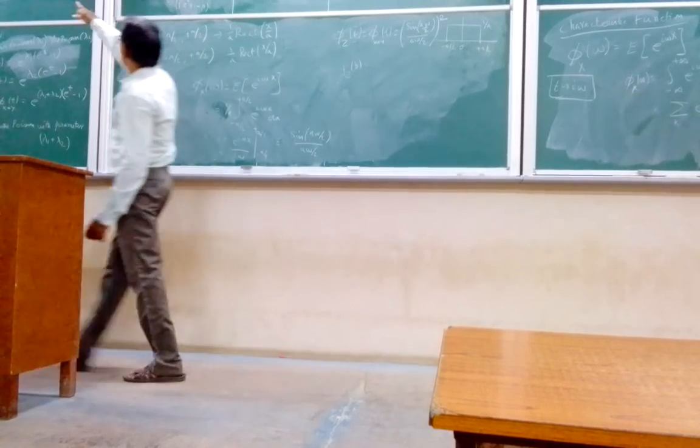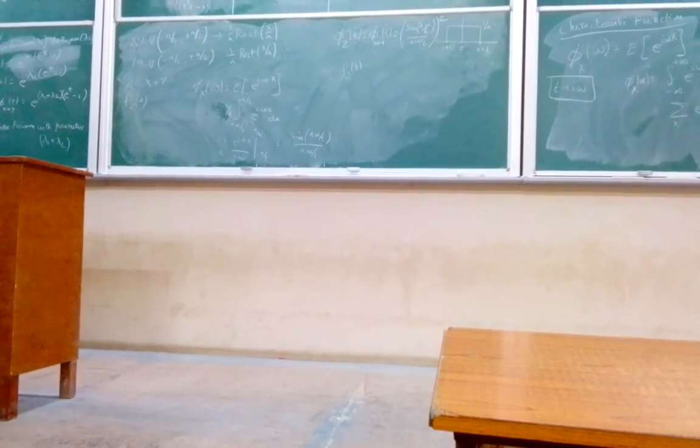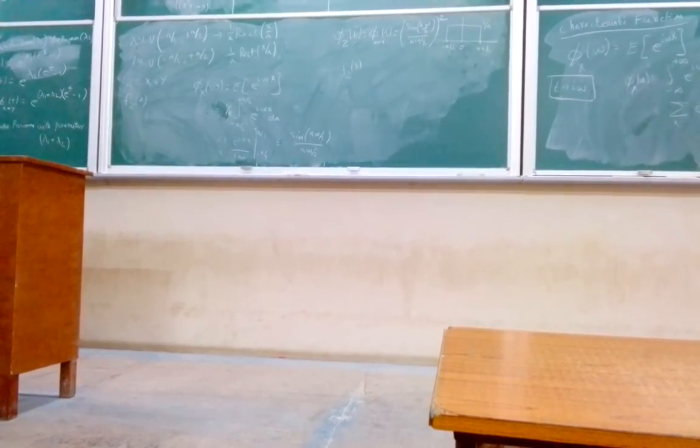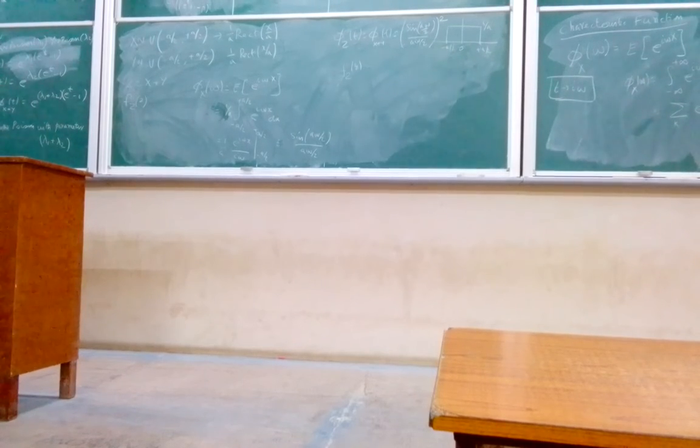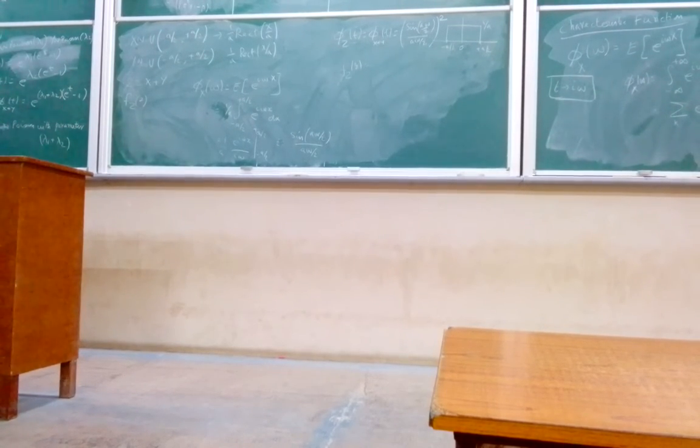How do we do it? That is what is being done: 1 over 2 pi, integral from minus infinity to infinity of psi z of omega times e power of minus j omega z d omega. When you take the inverse, it has to be minus j omega z. Now from the omega domain we are coming to the z domain. And if you do that, this is what you would get.